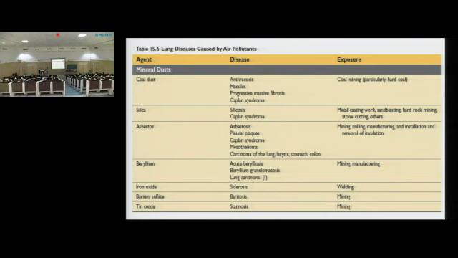So can anyone tell me what is Caplan syndrome? It is the combination of rheumatoid arthritis and pneumoconiosis. And these patients will have lung nodules. And they are seen on chest X-ray also.